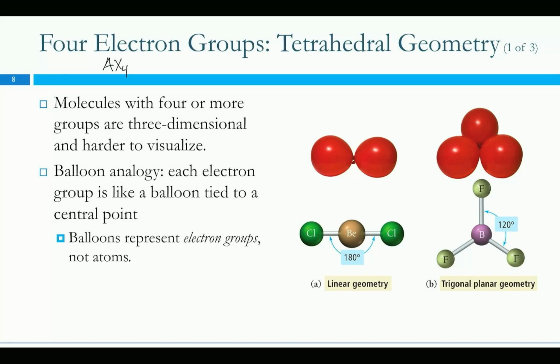So you might be thinking something like this. That would be true if it was flat. But there's more space that we can use because this bond angle is 90 degrees. But if I move into 3 dimensions, we can actually get up to 109.5 degrees between our different bound atoms.